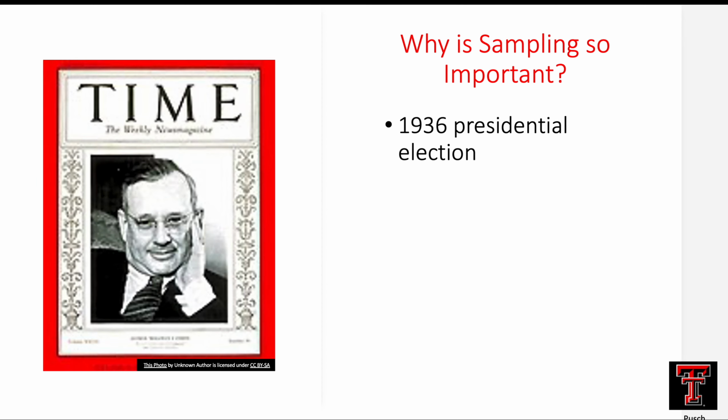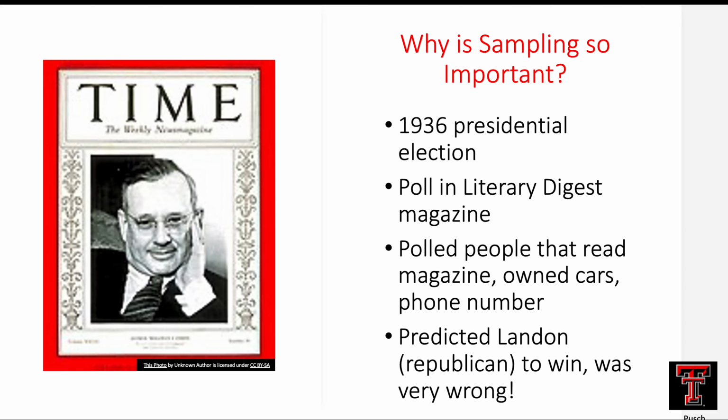So why is sampling important? Well, if you're not sampling correctly, you're just not going to get an accurate look at what you're studying. A good example of when sampling goes wrong is the 1936 presidential election. They did a poll in Literary Digest magazine, and I believe they got like 1 million people to answer the poll.